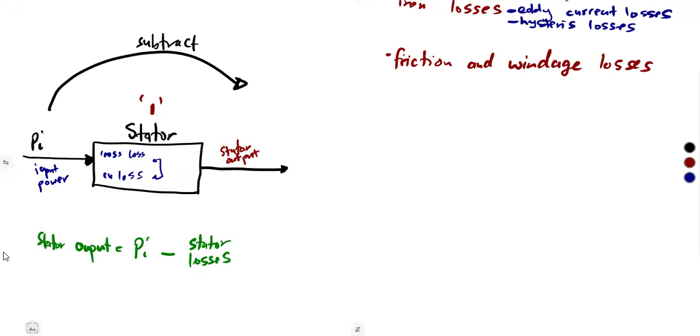That will be the condition. The stator losses, which is what? Iron and copper losses combined. Those are the stator losses that we have, guys. Input minus the stator losses that we have, iron and copper.